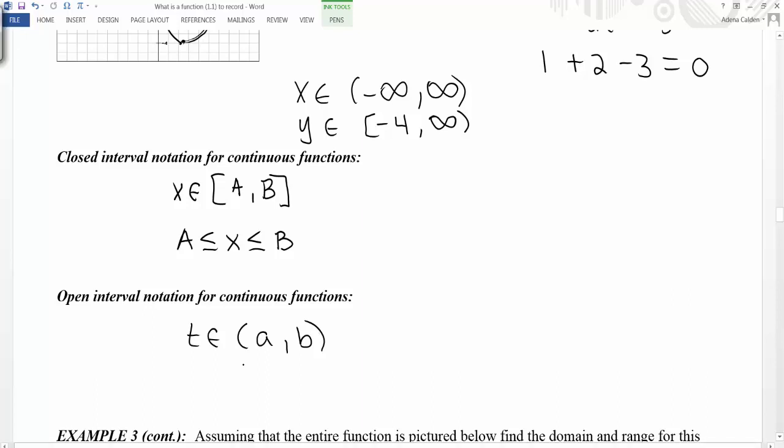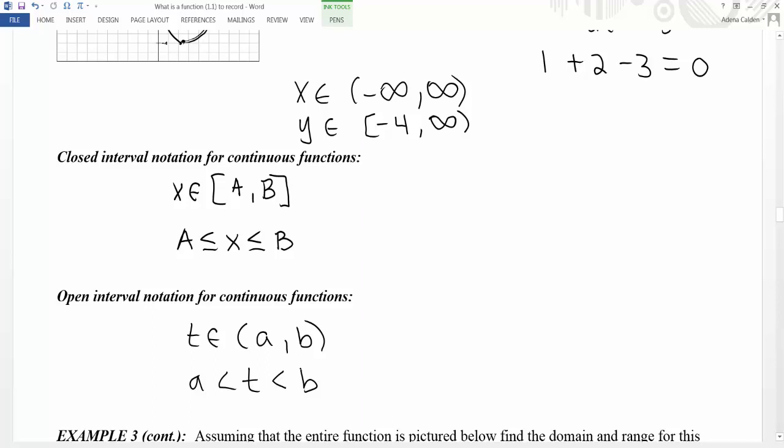We could similarly write this using the notation of strictly greater than or less than. So t has to be between a and b, and as long as you don't include the "and equal to" part of the inequality, these mean the same thing. So that's open interval notation for a continuous function.